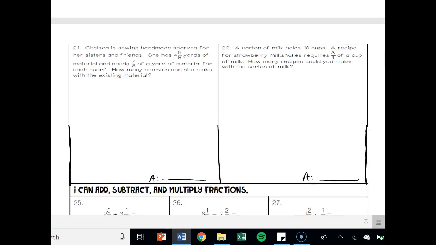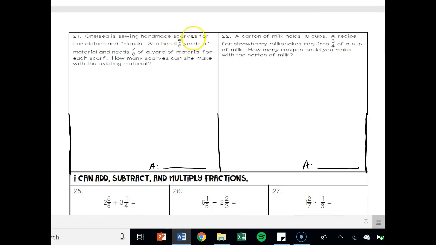Right? Number 21, Chelsea is sewing handmade scarves for her sisters and friends. She has 4 5/6 yards of material and needs 7/8 of a yard of material for each scarf. That keyword, each scarf, that should tell you, hey, we're dividing, right? So 4 5/6 divided by 7/8.